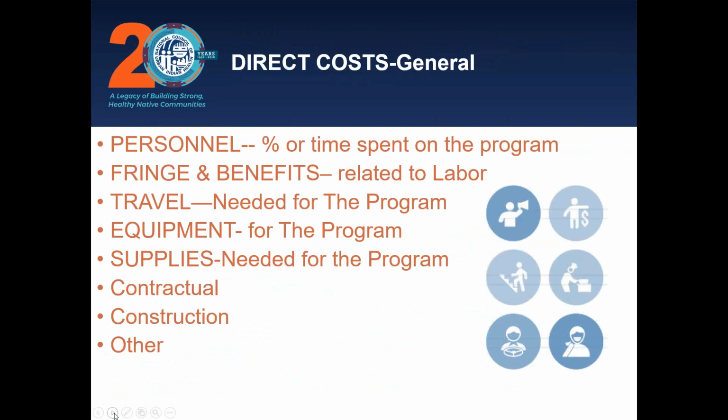Here you cannot include other travel, where you're needing to go somewhere which is justifiable, but not for your program. You cannot include that. It is only needed for the program. Equipment, and we'll go into this equipment for the program because sometimes there are some confusions about what equipment is. Supplies that are specifically needed for your program, contractual, construction if you need, and then other. So those will be the direct costs in general.